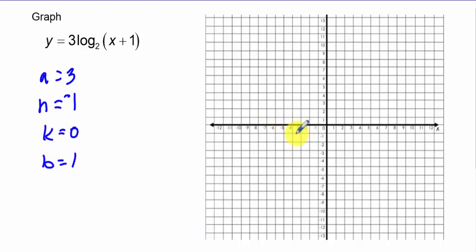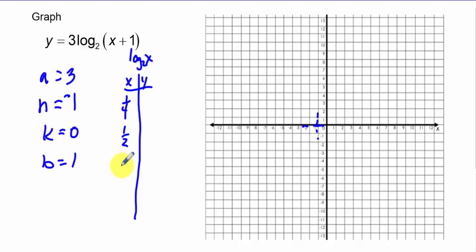So what I'm going to do is I'm going to back up 1, put my crosshairs, and then again look at that pattern for x and y of log base 2 of x, a fourth, a half, 0, 1, 2, and 4, 2, 1, 0, negative 1, negative 2.